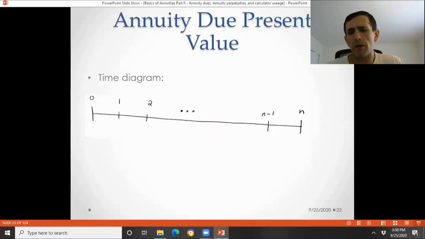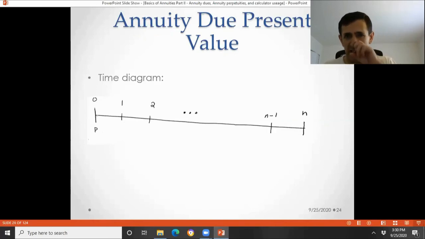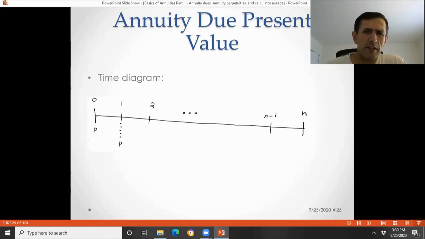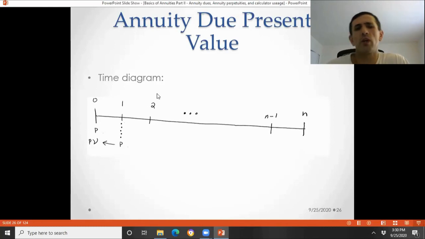Okay, so let's get the annuity due present value formula. The idea is basically the same as before. At t equals 0, the t equals 0 payment is worth P, because you're not discounting that at all. At t equals 1, at the end of the first period, you discount that by 1 period, that's P nu, where nu is a present value factor, 1 over 1 plus j.